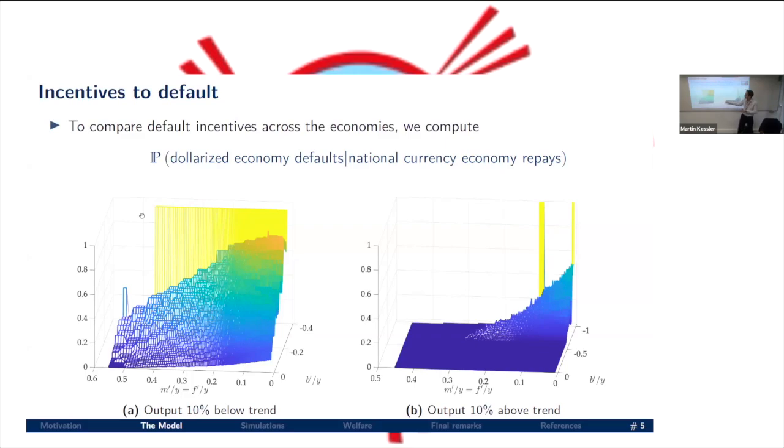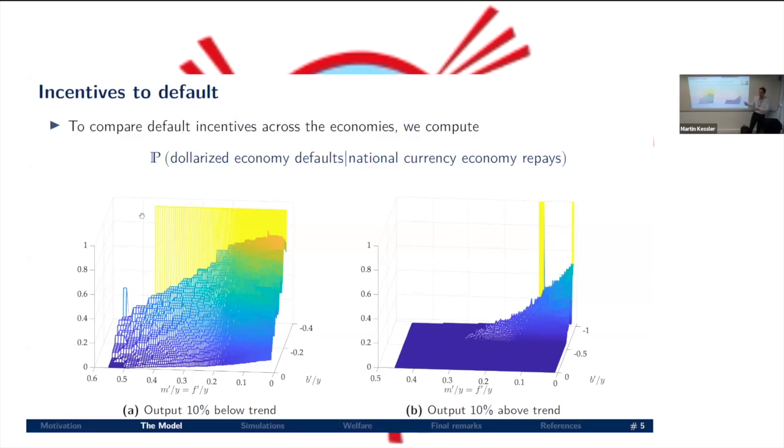And so this is sort of capturing, we'll try to see where this comes from, but dollarization seems to have an impact on default incentives, especially when output is low, especially when debt is high, okay? However, if output is high enough, then default will become very costly, and that's the way we parameterize these models.